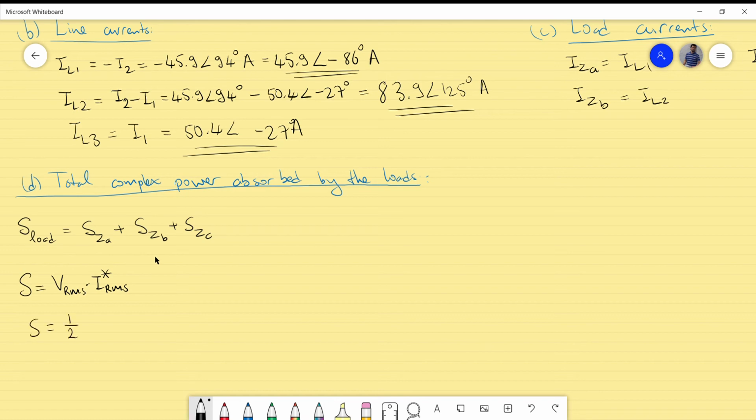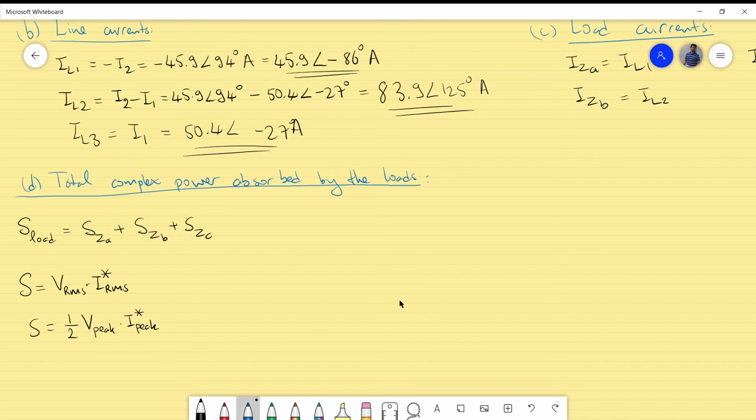It is also equal to a half times the peak value of the voltage times the peak value of the current, again in complex conjugate form. You might use the RMS values, or you can use this, and since we have calculated in the peak form, this one will be handy in our case. So I will use this for each of these expressions.